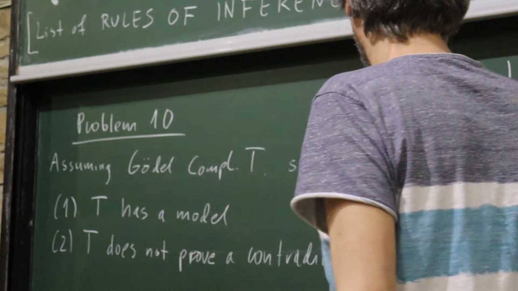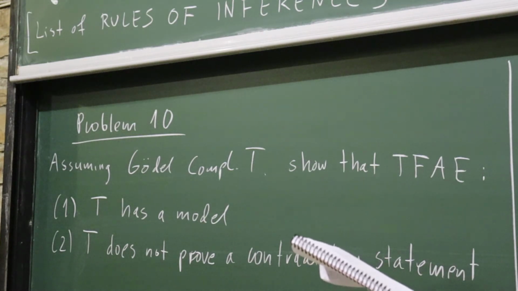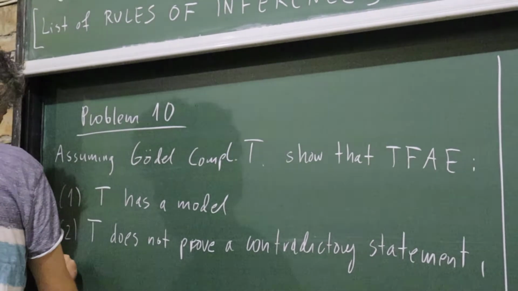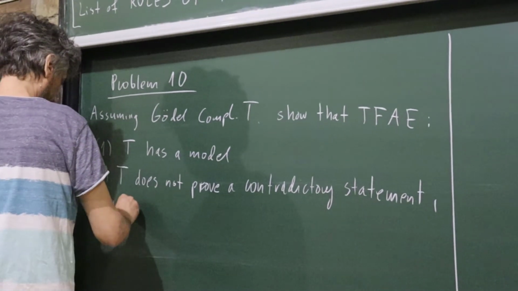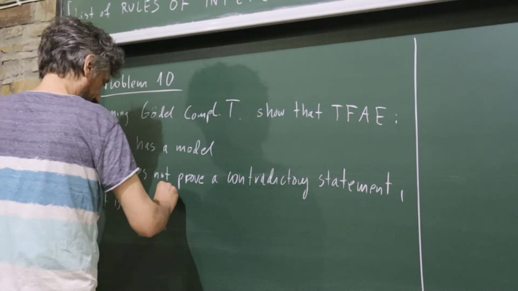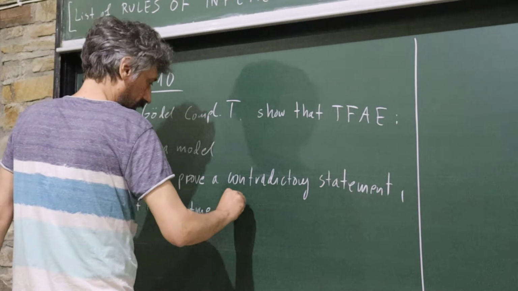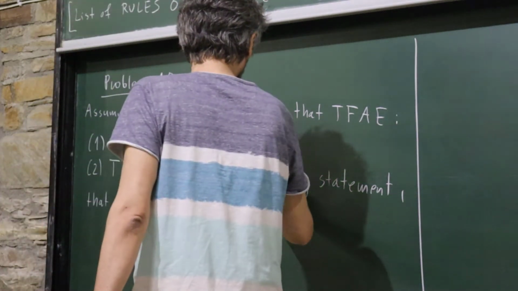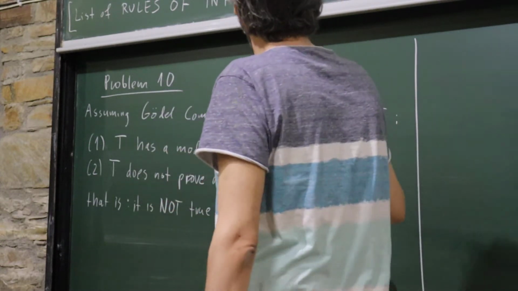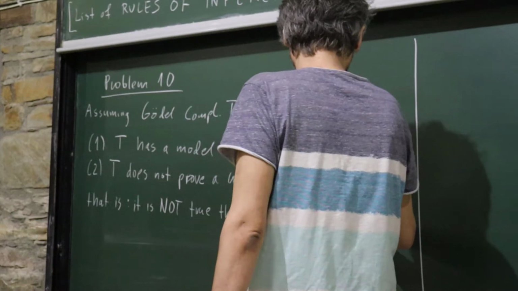If one wants to specify it, let me specify it: it is not true that T proves something like phi and not phi.